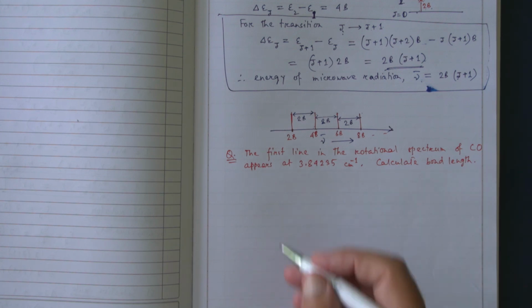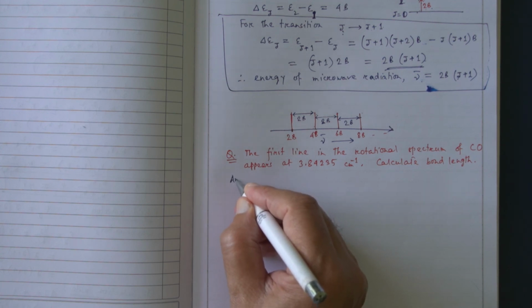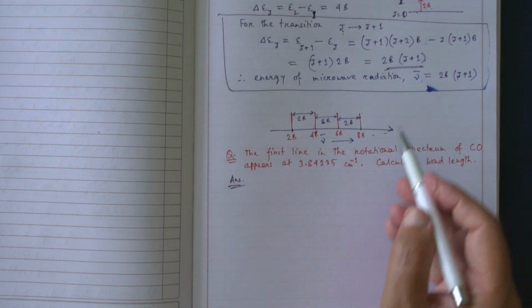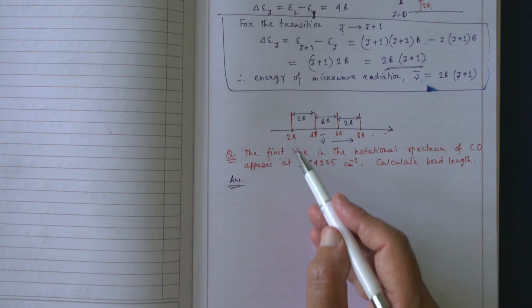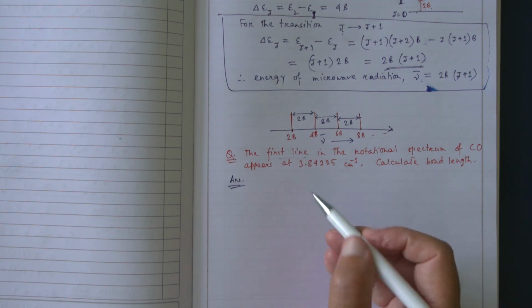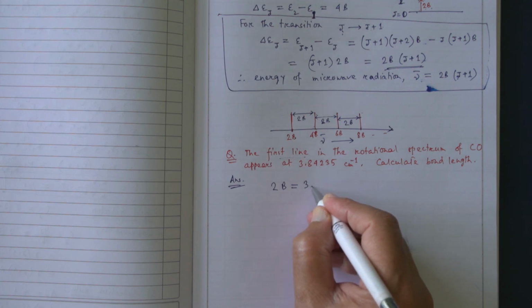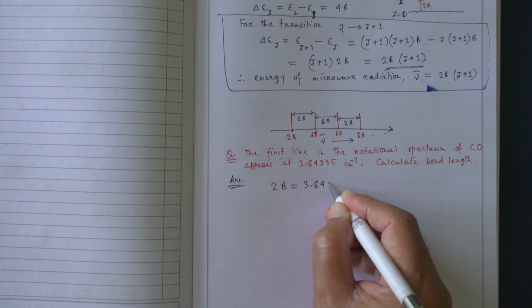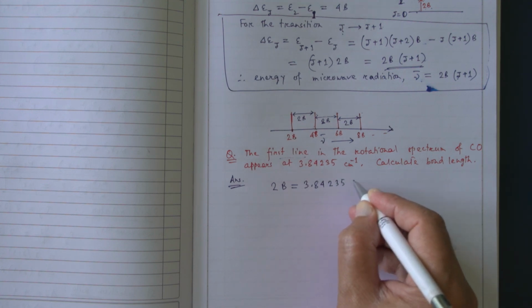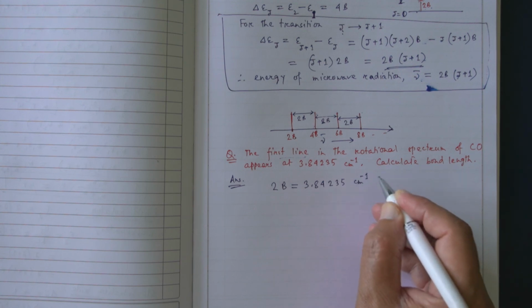Now you see how to solve this. Where do we get this first line? 2B. So 2B must be equal to 3.84235 centimeter inverse.